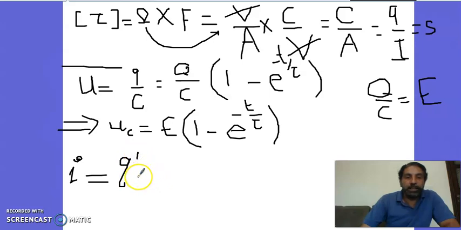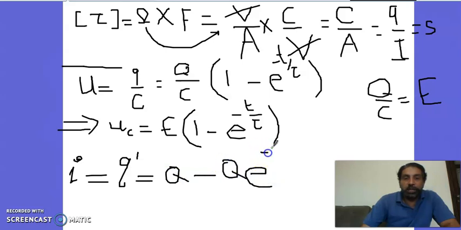Okay, nice. Equal, where is Q? Here is Q. Q minus Q exponential minus t over tau, and all of this prime, right?